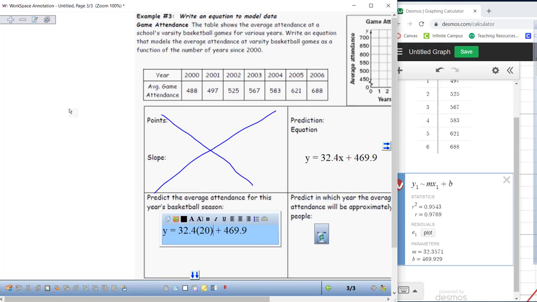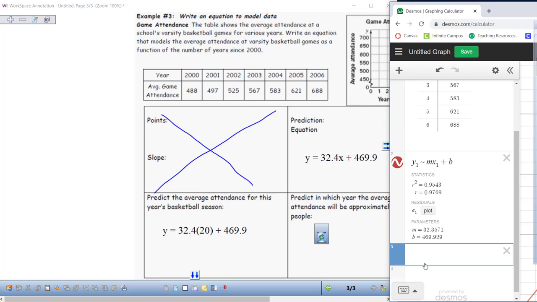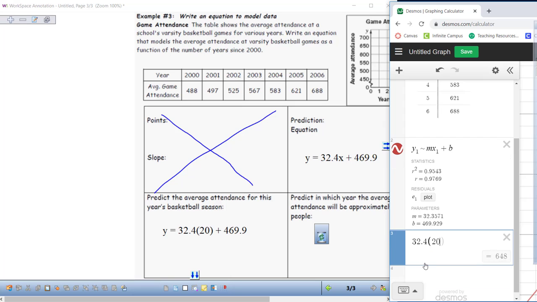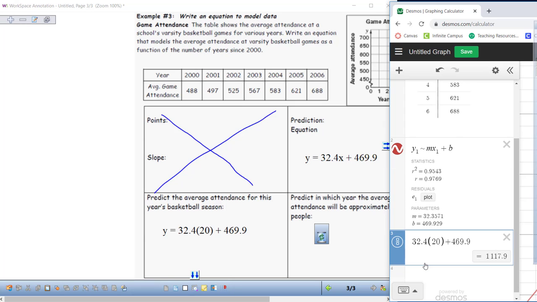And you can either put this into a calculator, or Desmos is also a calculator, so I can just add another line here and type in 32.4 times 20 plus 469.9, and it calculates it for us. That's about 1,118.